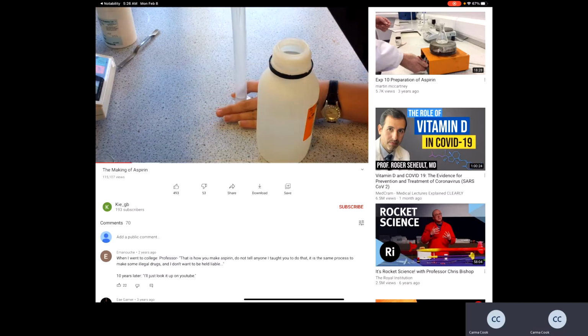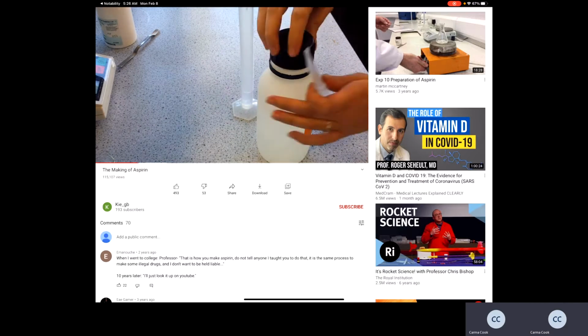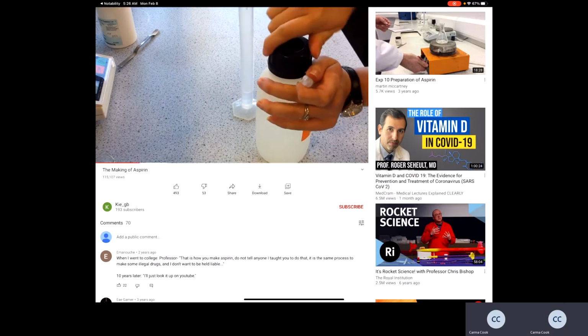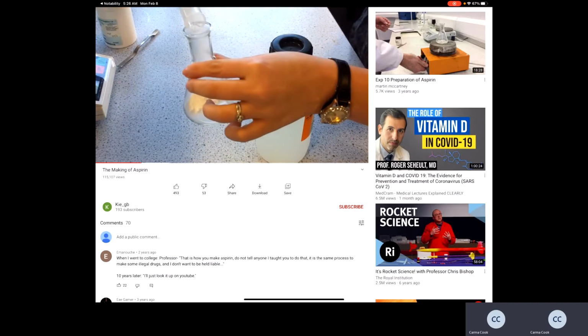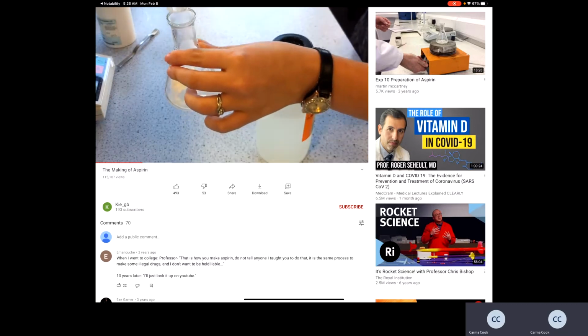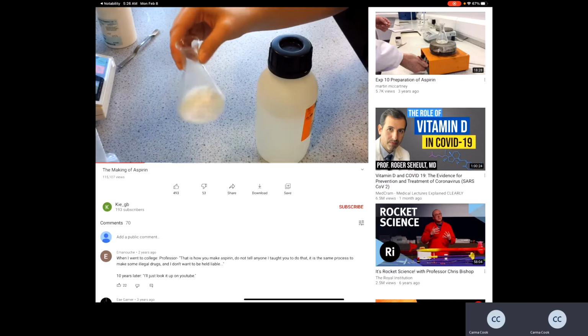So acetic anhydride is a solution, which we also call a homogeneous mixture of that substance, acetic anhydride, dissolved in water. And so she's measuring out 6 milliliters of the acetic anhydride, and she's going to just simply mix it in with the 3 grams of salicylic acid.